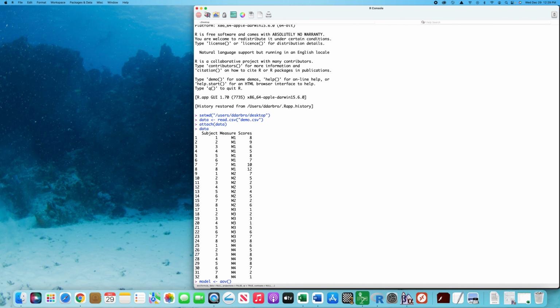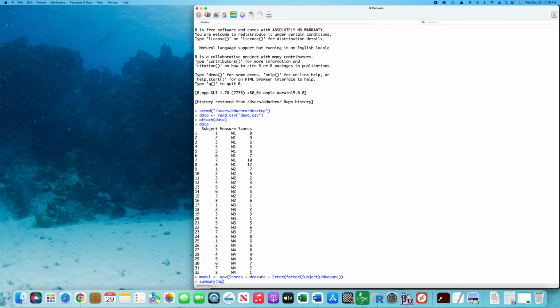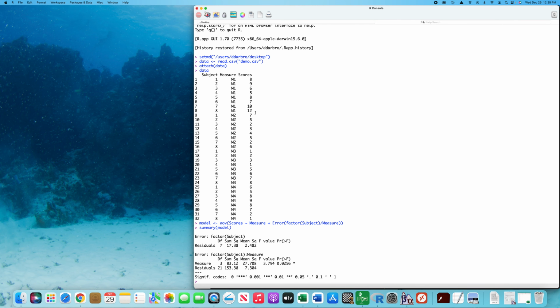So we have AOV, and we want our scores as predicted by our measure, plus the error component. We need a factor of subject over measure. So summary model.